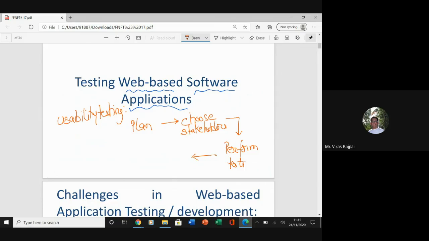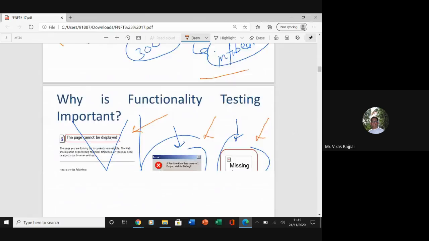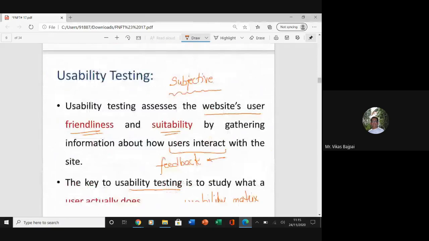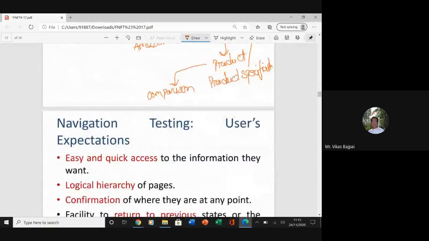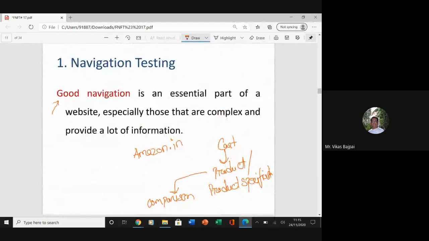Once we have performed the tests and obtained the results, I need to analyze these results. Once I have analyzed them, I need to document the recommendations which have come from the testing team. They may recommend, okay, you need to add certain tabs for proper navigation, or you may need to add or remove a particular link from a particular page. That kind of stuff we go through in this process.